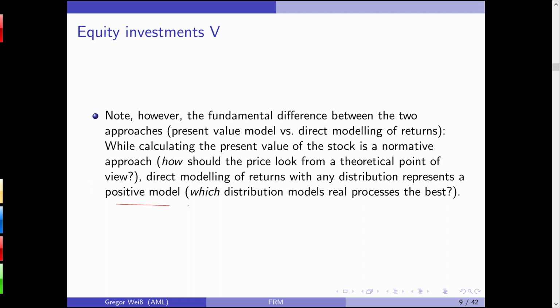In a reduced model, you're not interested in the process driving prices. You simply want to find a model that fits the prices best and that seems to explain this behavior the best, even though you do not have an ex ante idea what this process actually looks like. So you have reduced and structural models.